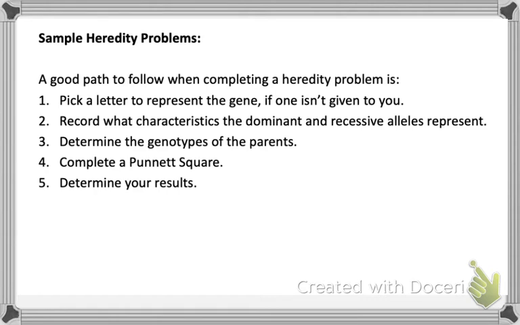So maybe it's a dominant trait, and as a result, it might be confusing. You might lose track of which is dominant and which is recessive throughout your problem. You also want to determine the genotypes of your parents. From your genotypes, you can then figure out your gametes and set up your Punnett square. Then you're going to determine your results.